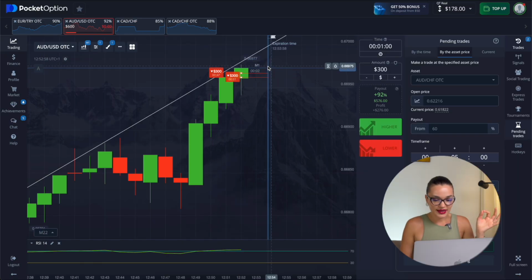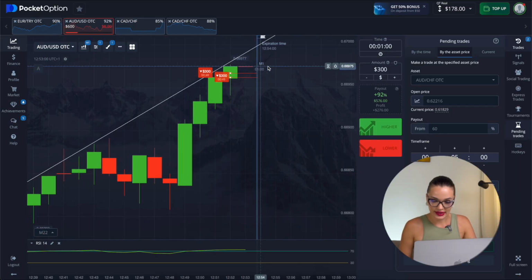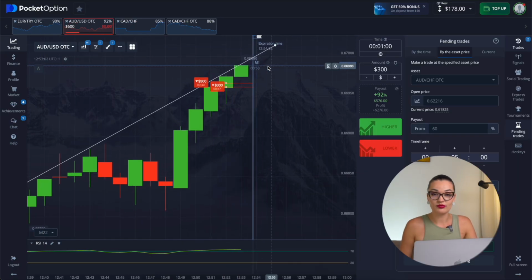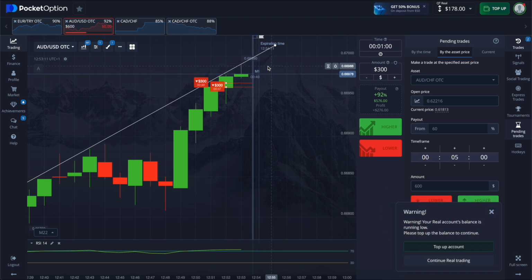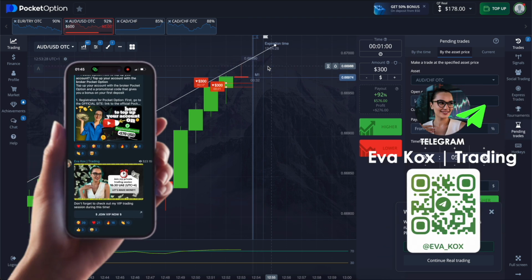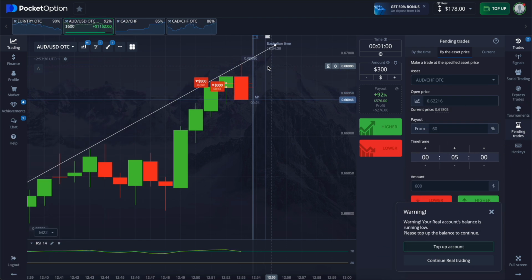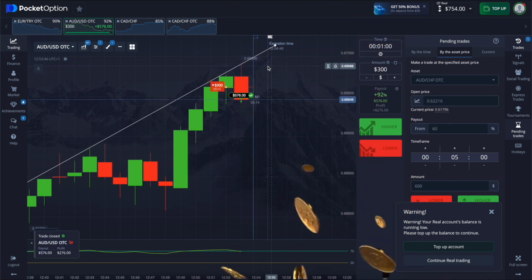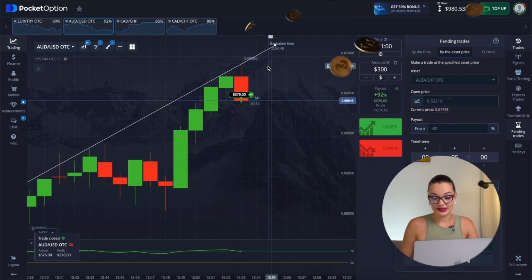We have a few seconds left before closing the trade, and as we see, our trades are in profit. 2 transactions closed in the positive zone added to our balance. So, plus $552.